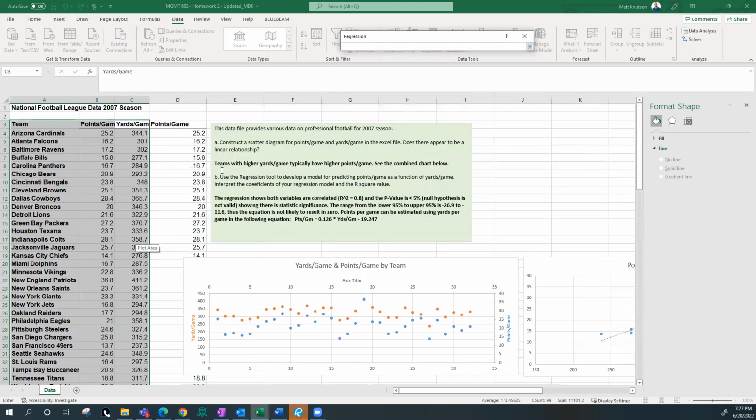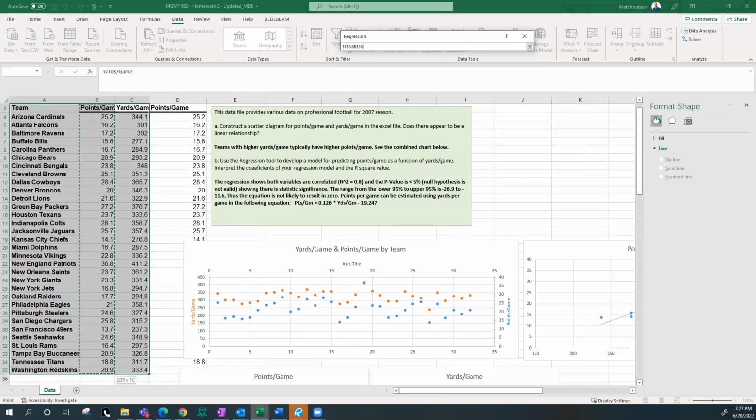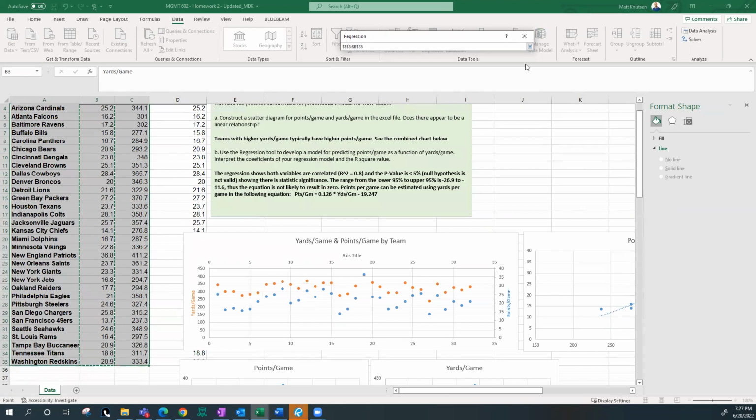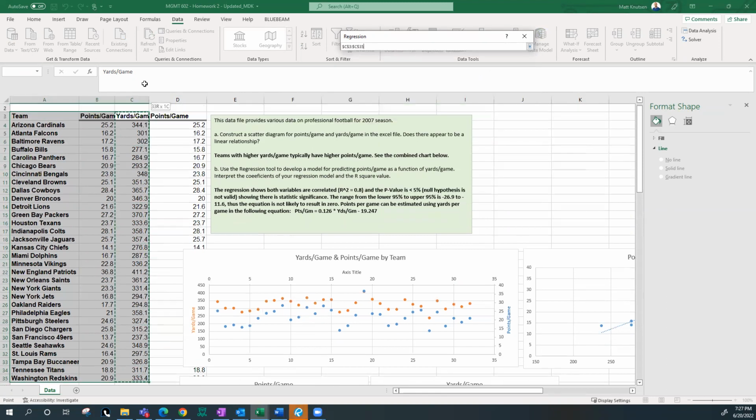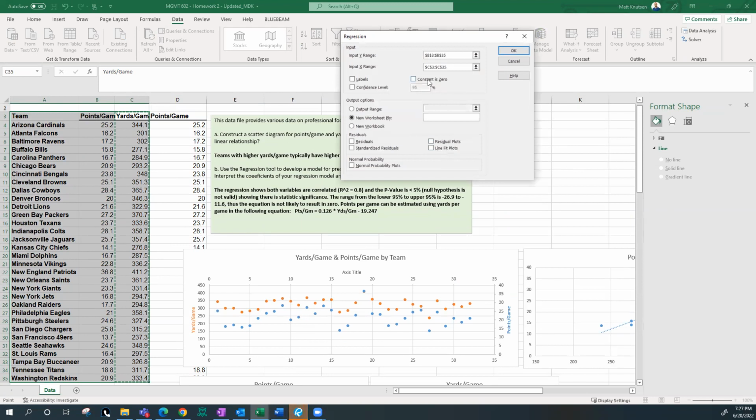Our dependent variable is points per game, right? So I want to select that as our Y. Y is always the dependent variable. And then X will be the independent variable, that's our yards per game, because we want to see if points per game is affected by yards per game. I selected it with the column headings, so I tell it labels are in there.